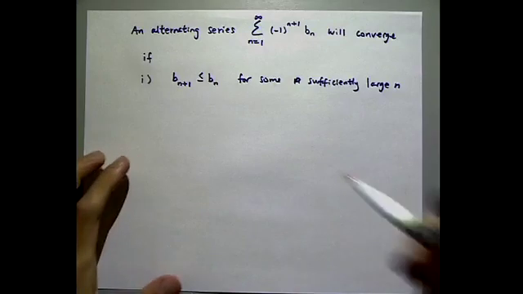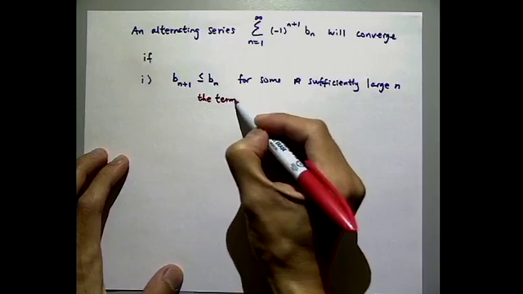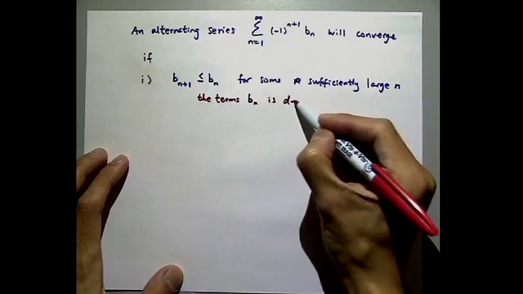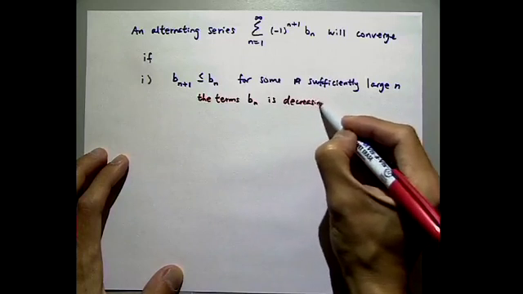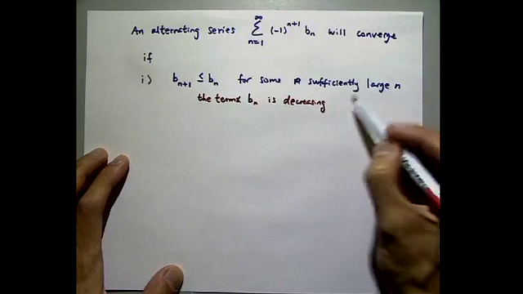So what this in words is saying is that the terms b n are decreasing eventually.